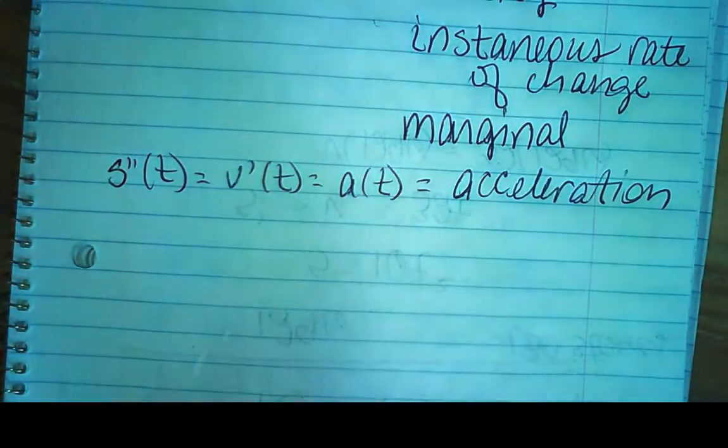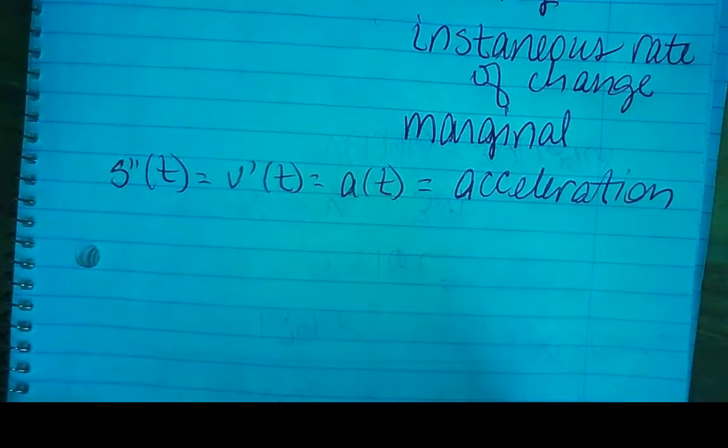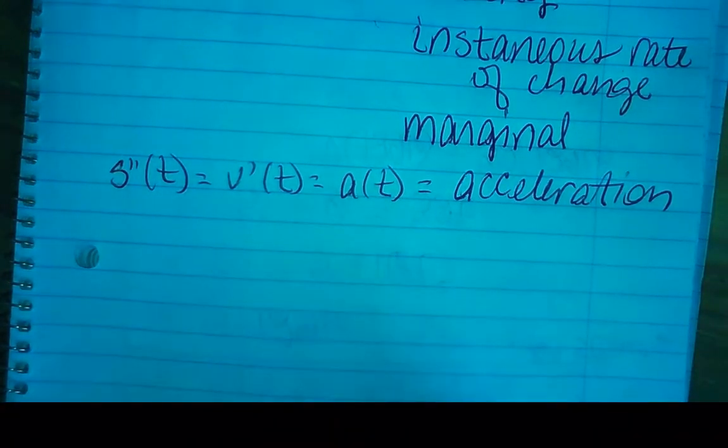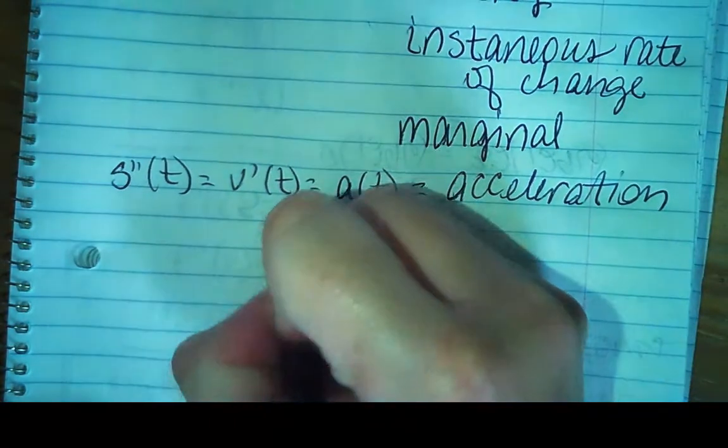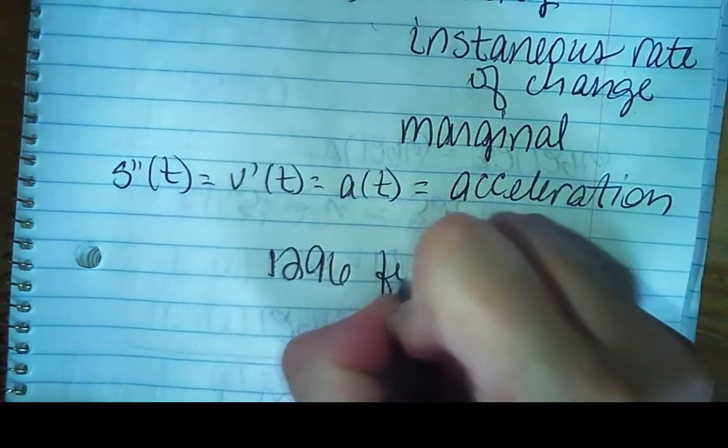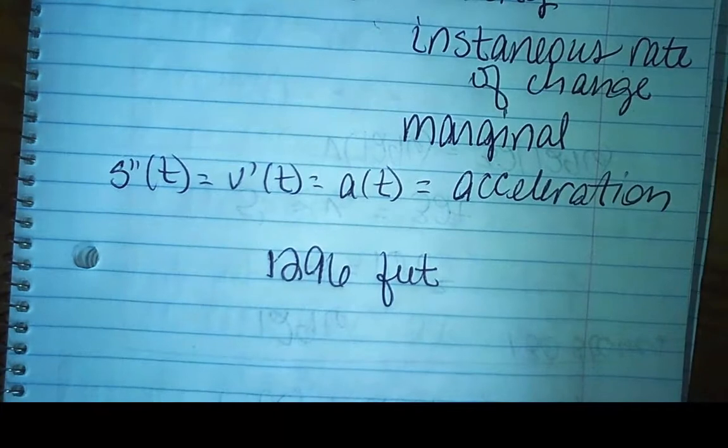All right, so in context, what we have is the acceleration of a falling object. During the construction of an office building, a hammer is accidentally dropped from a height of 1,296 feet. So that's over 100 stories.